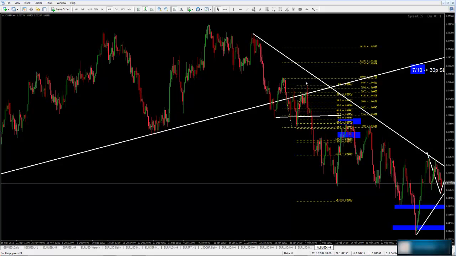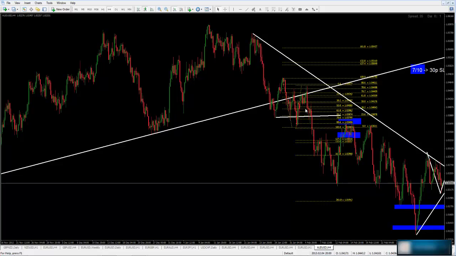Just do the math and see if you will have at least a 1 to 3 risk reward ratio here. In this case it would have been a 55 pip stop loss, and your profit target would have been here 90 pips and here 170 pips. So it's not enough.